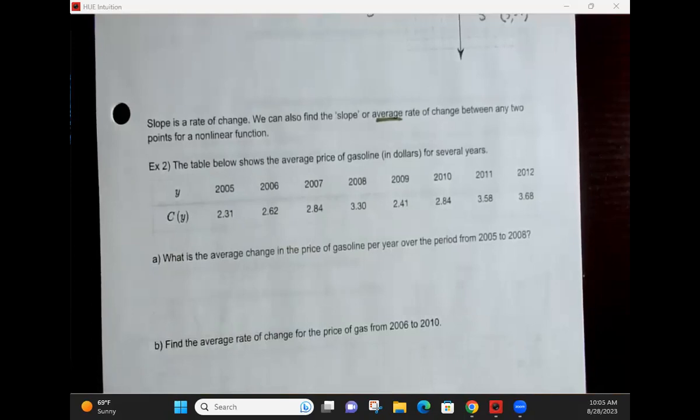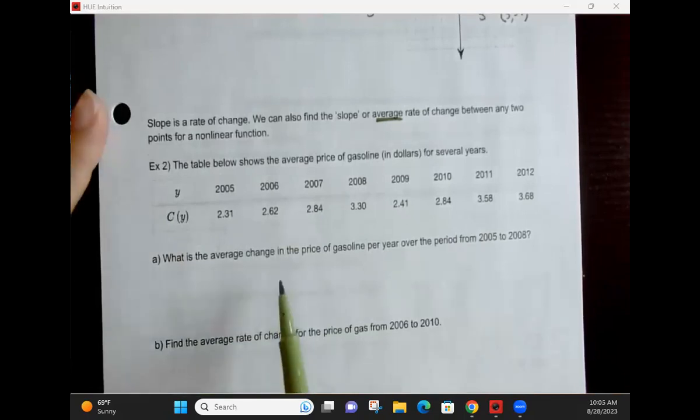Obviously, the values that I have here in my costs are averages themselves, because gas is not the same price all year long. It fluctuates day to day often, and certainly over months in a year we're going to have some fluctuation. So these values here are averages. And then what we want to find is the average rate of change over a period of several years.